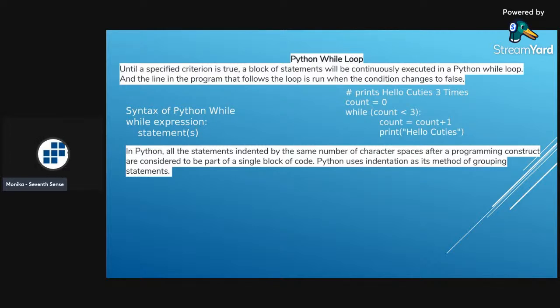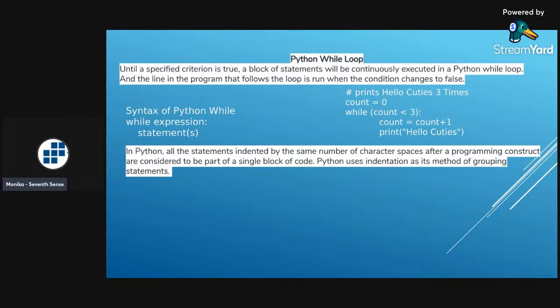Am I audible? Yeah. My count is less than 3. What is the condition I have to give? Count equals count plus 1. So first my count will be 0, 0 plus 1 is 1. But my condition is while count is less than 3.